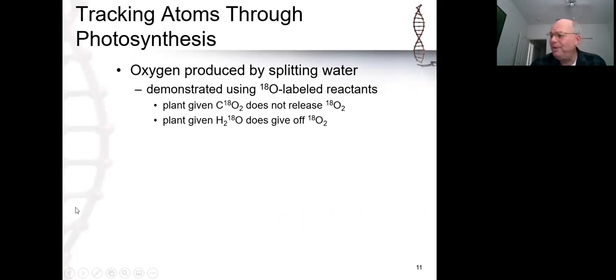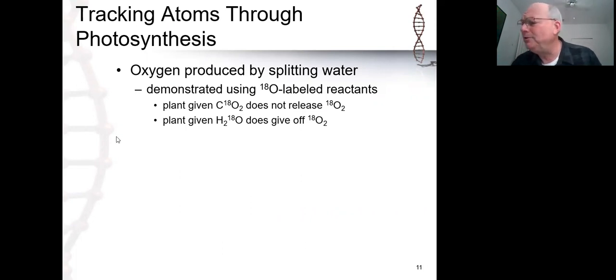So when we start thinking in terms of cell respiration and photosynthesis, let me move this over here so that it's out of the way. In fact, I'm going to move it all the way to the top so I can use all of this empty space.